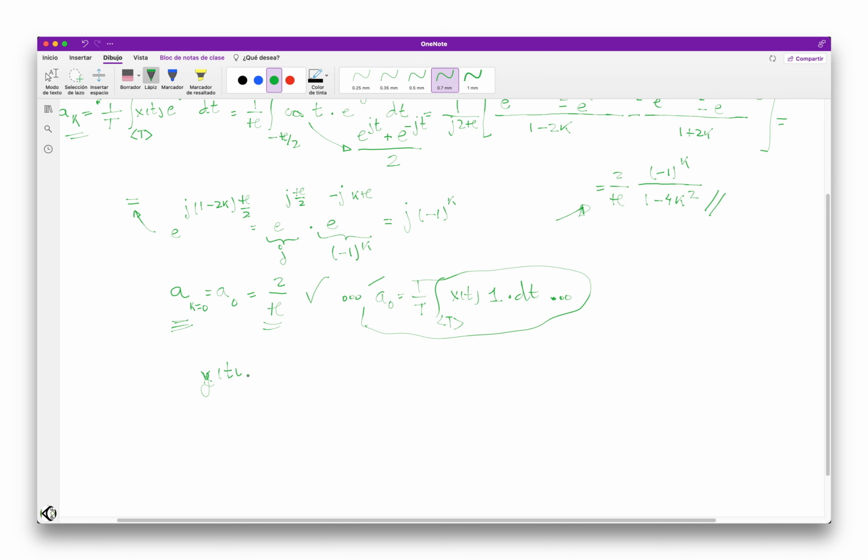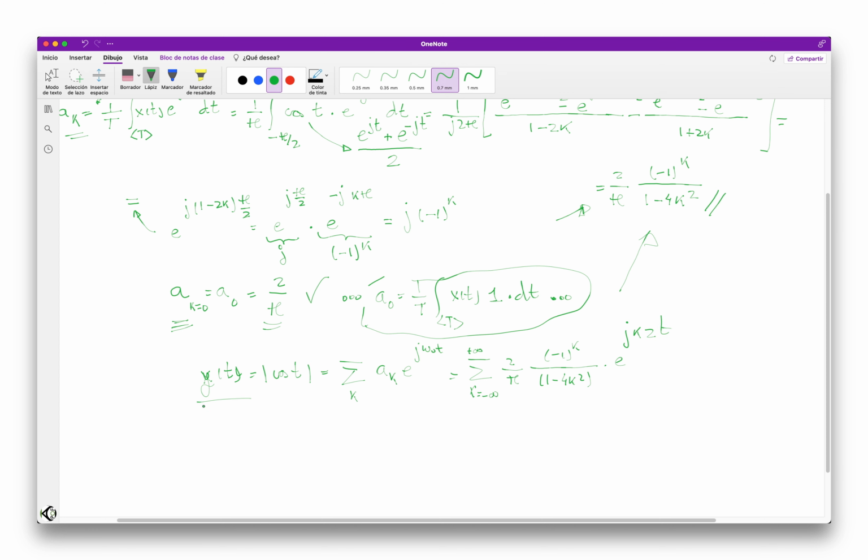Okay, so finally, if the exercise was not only to get the coefficients but to show actually the series, we call it y of t, which is the absolute value of cosine of t. This finally is the summation over the index k of the coefficients a sub k times the exponential of j ω0 t, and if we put the values that we got, we would get the summation, where we can put all the coefficients, going from minus infinity up to plus infinity, of 2 divided by π, then (−1)^k, I'm just copying this formula here, divided by 1 minus 4k squared, times the exponential of j k ω0 t, where ω0 is 2.